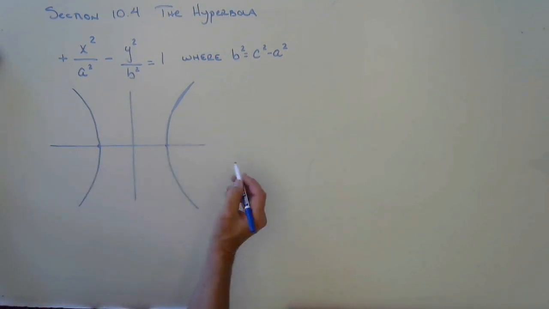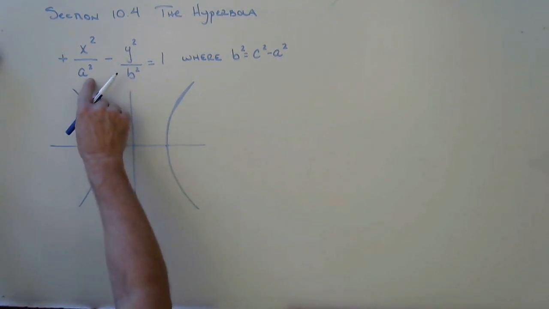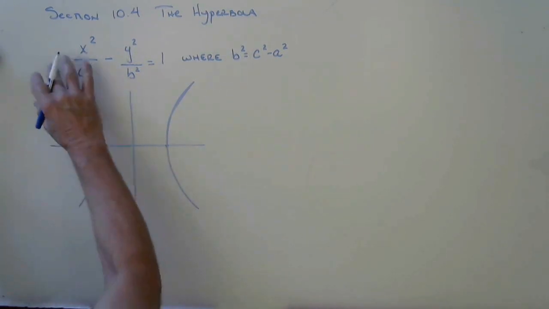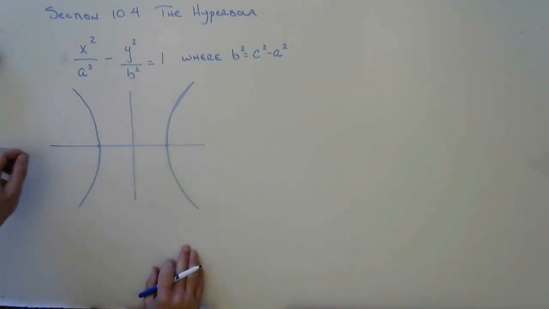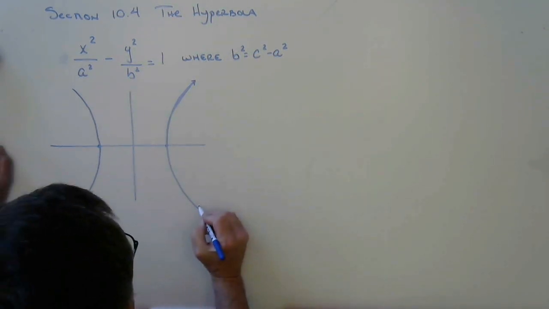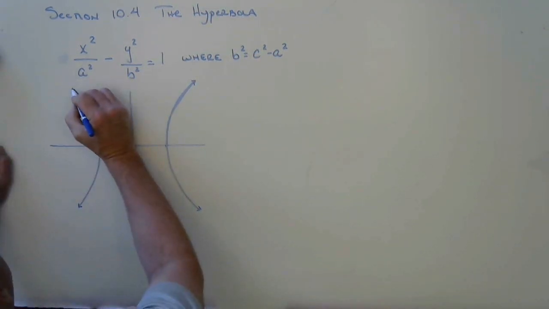We say this opens in the x direction. Because the x is positive, we know our hyperbola is going to open in the x direction. So this is the graph of a hyperbola.